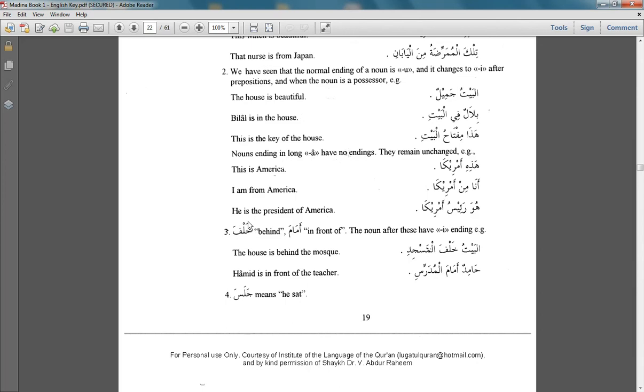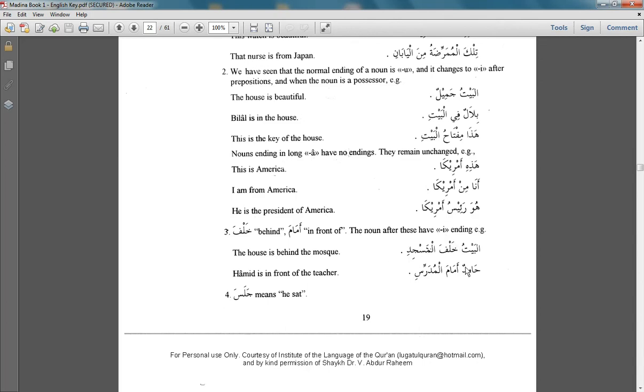Okay, so khalfa, amama, both have fatha. And usually what you have is a mudaf ilayh after that, meaning the thing that it's showing the position in front of or behind, that is going to be after it, like khalf al masjid. Okay, so the noun after these have an e ending.